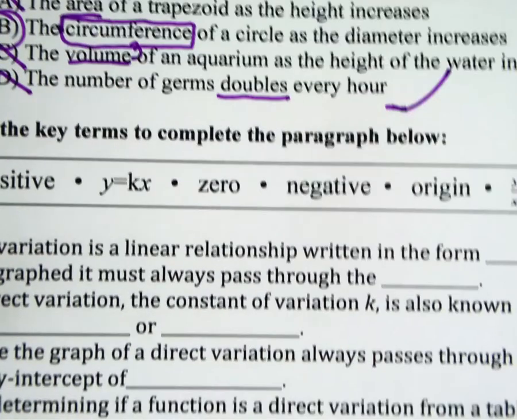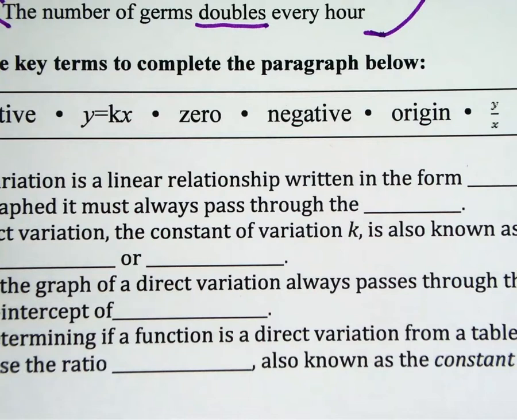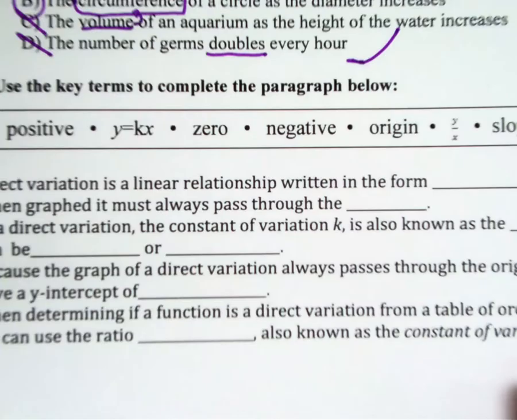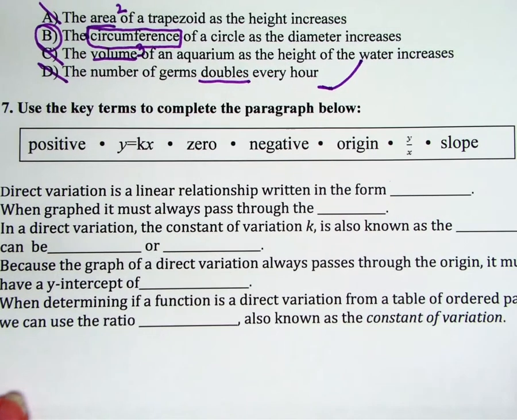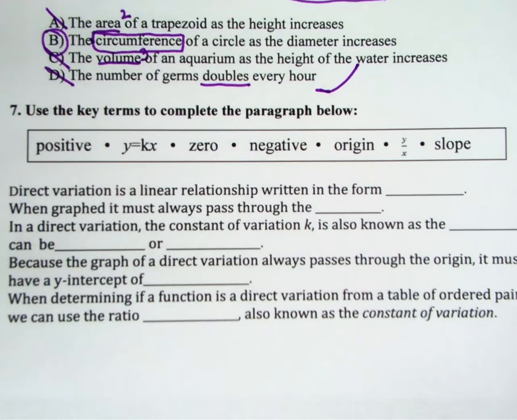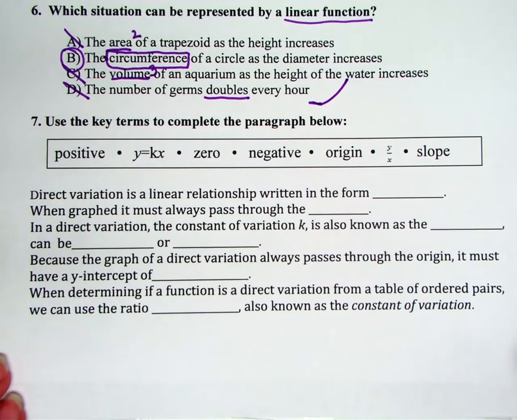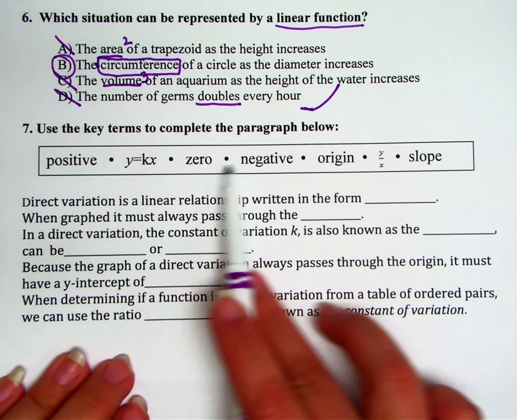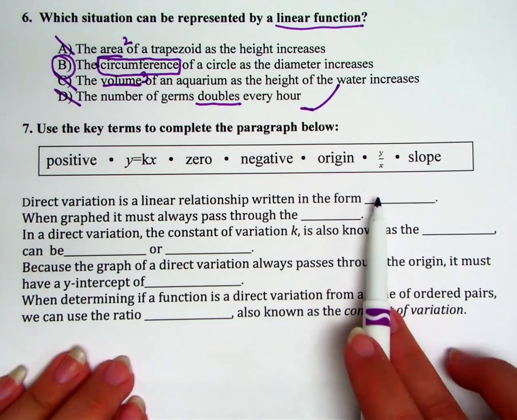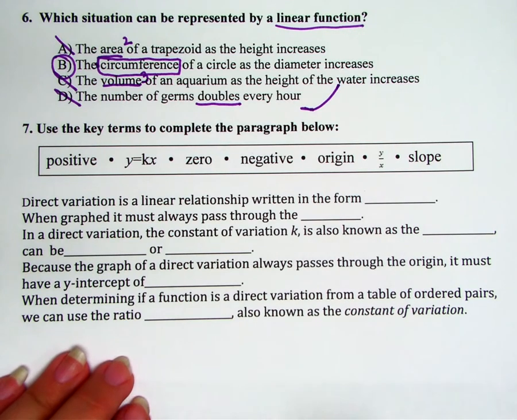Now this word problem, let me zoom out so you can see all of it. It's a very good one. It tells you everything you need to know for direct variation, which is why it is here, and you might just see it again somewhere else. So these are our key terms that we're going to use to fill in the blanks. It's our word box.